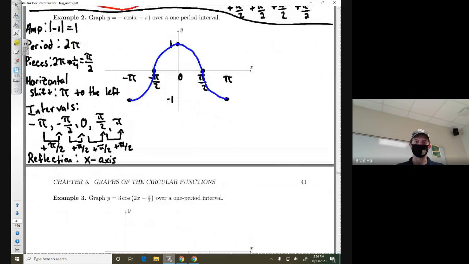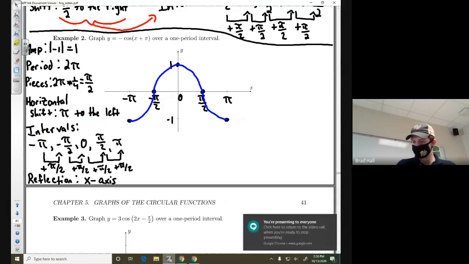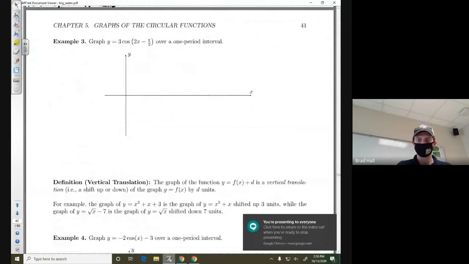So are there any questions about example 2? If not, let's move on to example 3.